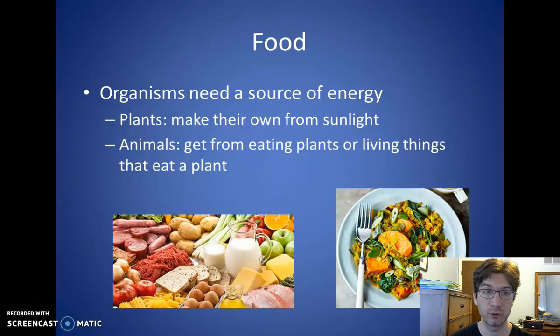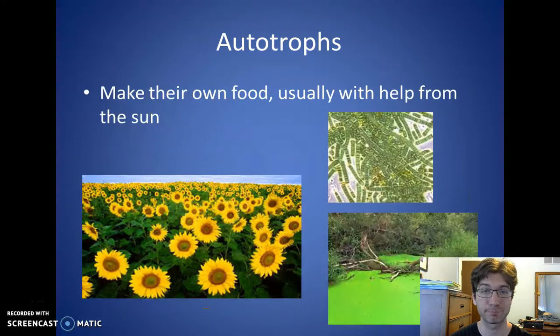Once they make that food, other organisms such as animals come and eat those plants. You probably have eaten plants to get energy, especially if you eat vegetables or fruits. But other animals will eat them as well, and we even normally tend to eat those other animals that eat them. So we can get our different energy sources through the food chain. Again, they are all rooted in sunlight.